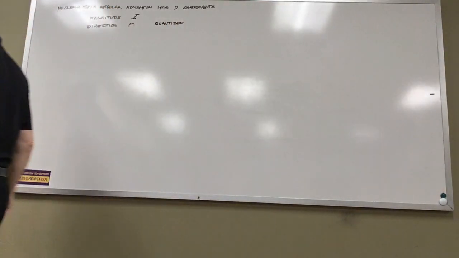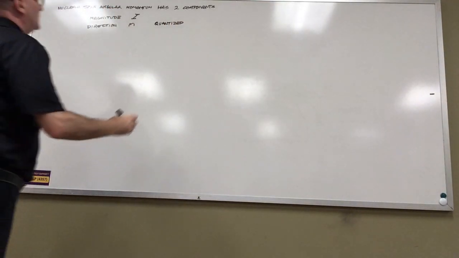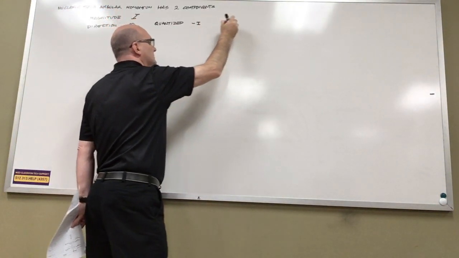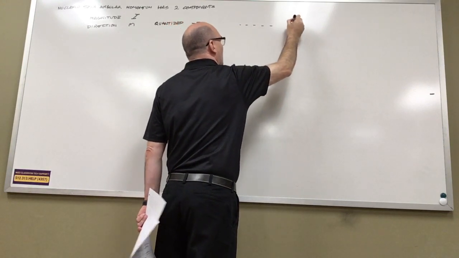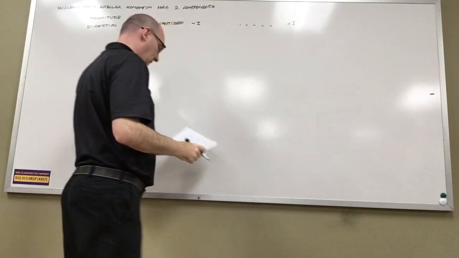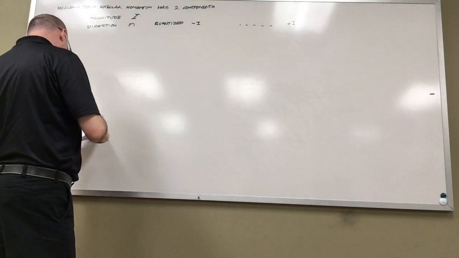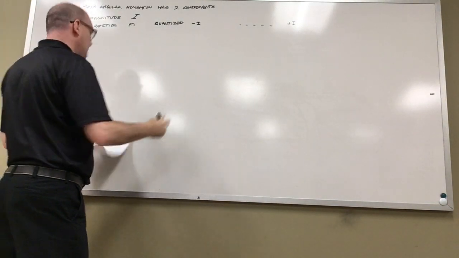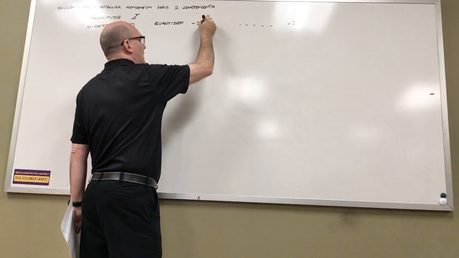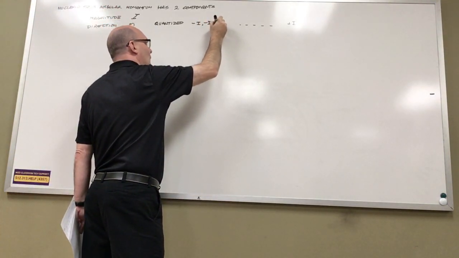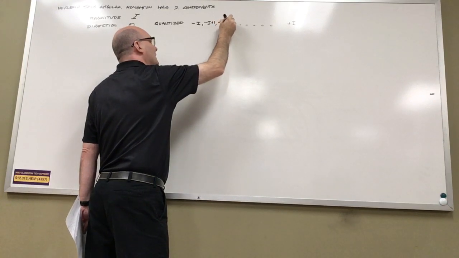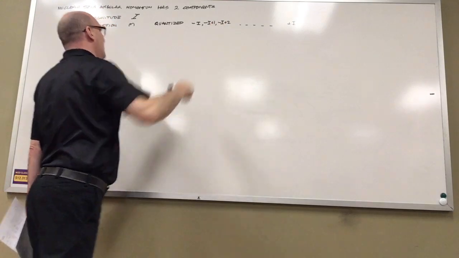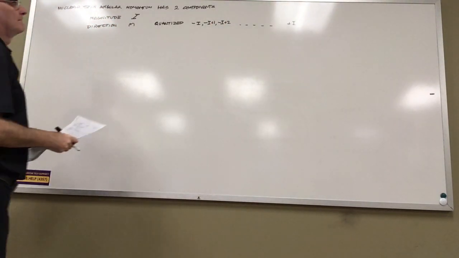It has values that run from minus I up to plus I, and they're in integer intervals. So you'd start at minus I, and then you would go minus I plus 1, minus I plus 2, until you get all the way up to plus I. Those are all the italicized I.